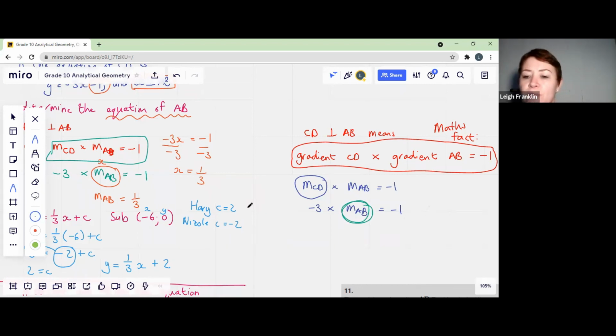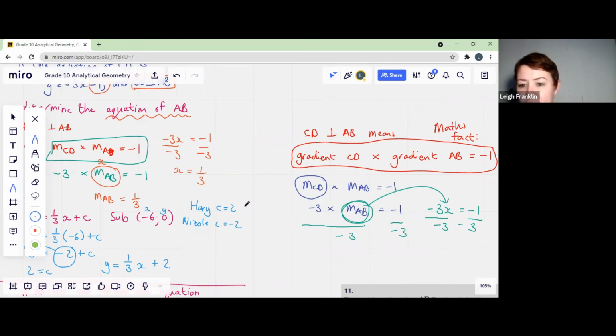It's no different to if I say to you, Maya, I want you to solve the equation -3x is equal to -1. Solve for x. It's exactly the same thing. This gradient AB and the x function as our unknown. Just like you would divide both sides here by -3, you're going to divide both sides here by -3.